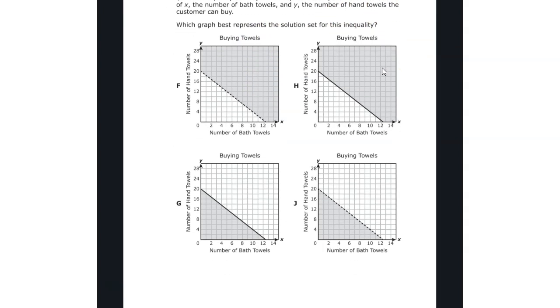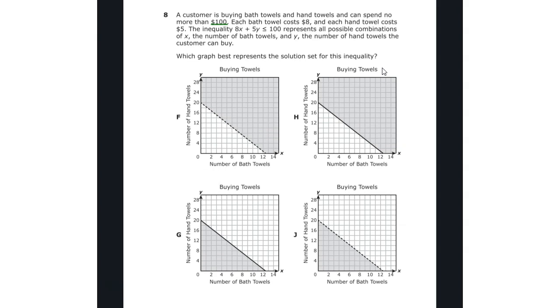So what I'm going to do, a good practice, is I'm going to plug in 0, 0 in here because I can see there's a 0, 0 in each of these graphs. So I'm going to plug 0, 0 into this inequality to see if the inequality remains true. So this is 0 plus 0 less than or equal to 100.